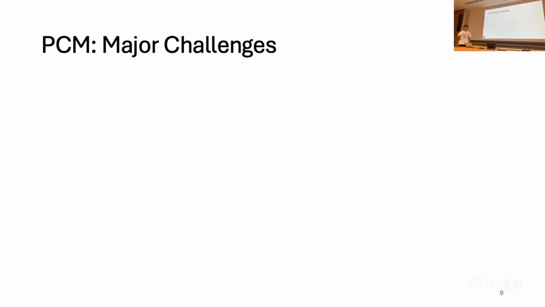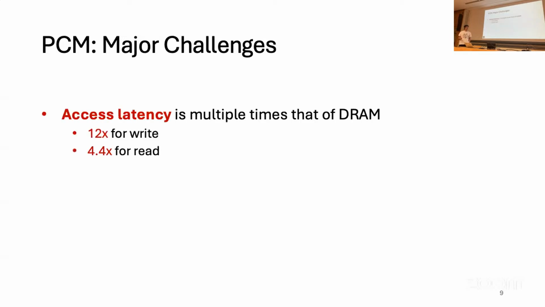Phase change memory also has a few major shortcomings relative to DRAM though. The first one here is access latency, and the authors derive a 12 times increase in access latency compared to DRAM and a 4.4 times increase in read latency.